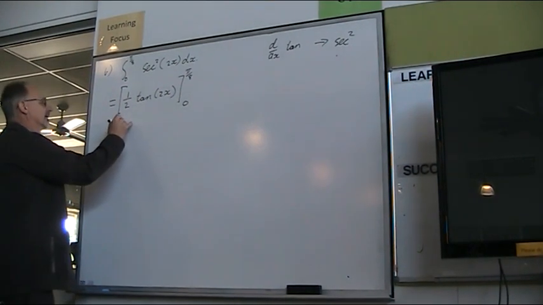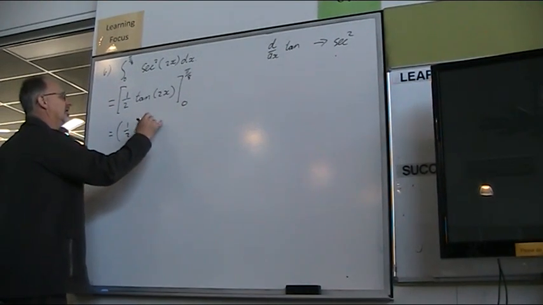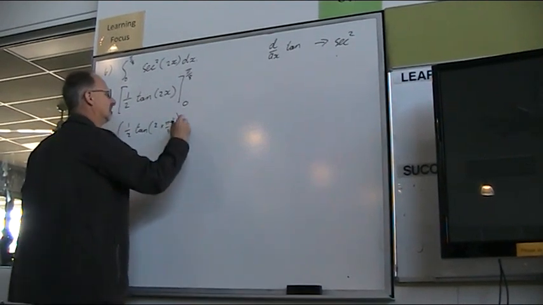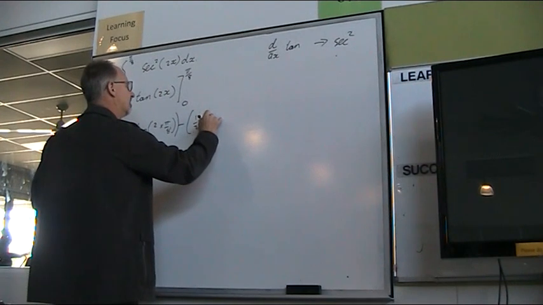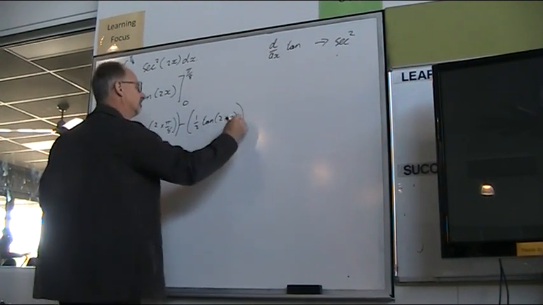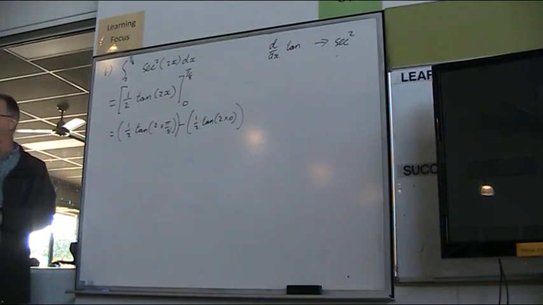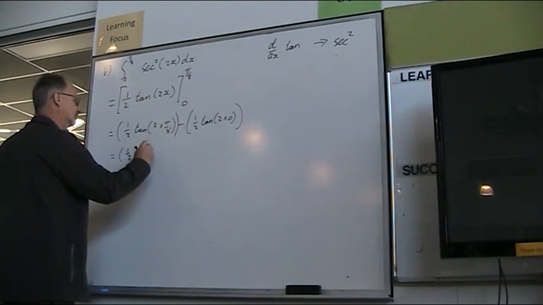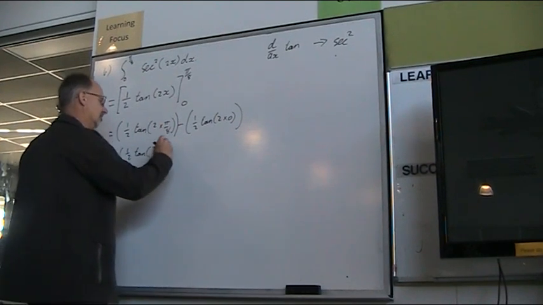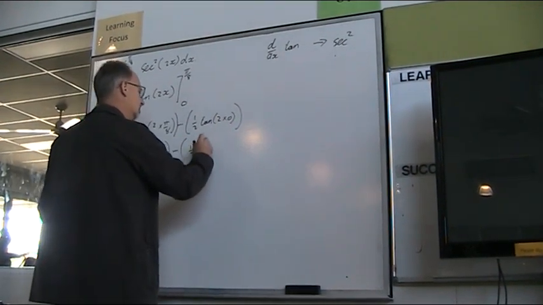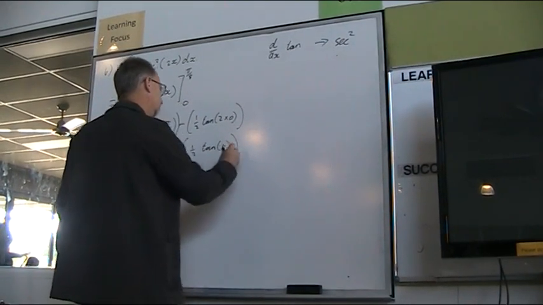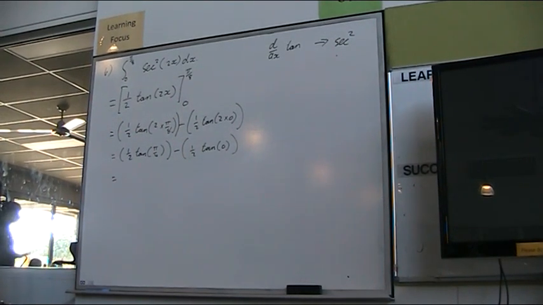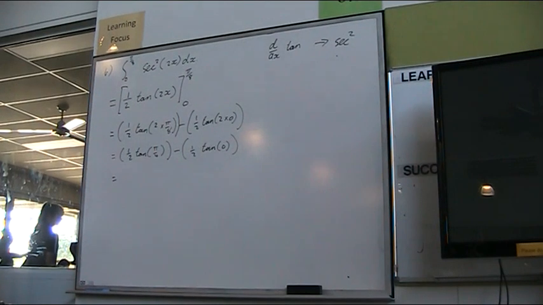All right, let's work that out then. So we've got a half tan of 2 times pi on 8, minus half tan of 2 lots of 0. 2 lots of pi on 8 is pi on 4. 2 lots of 0 is 0. Tan of pi on 4 is 1, yes.